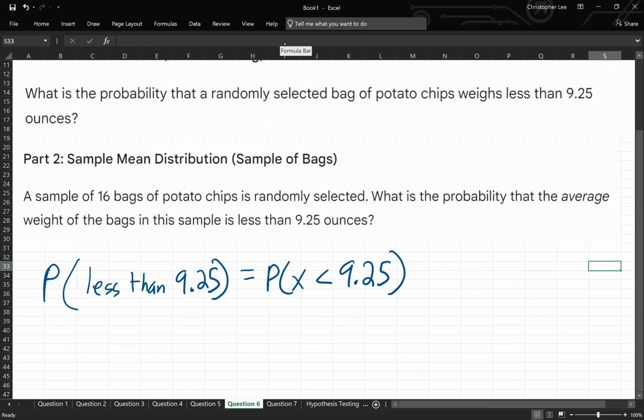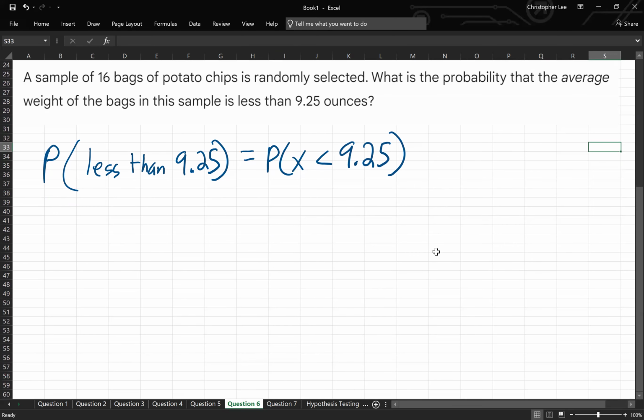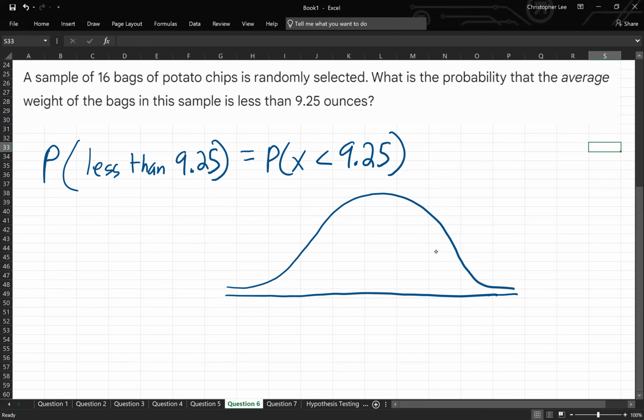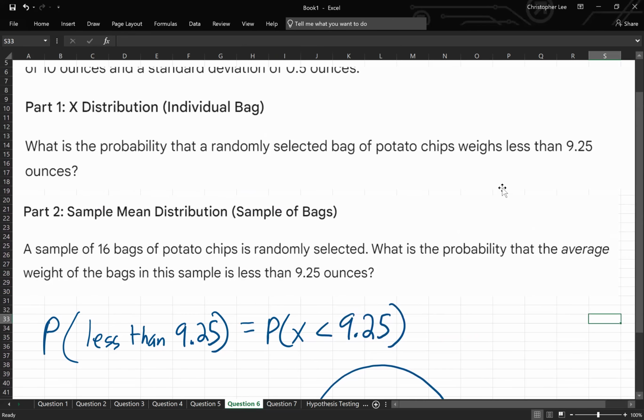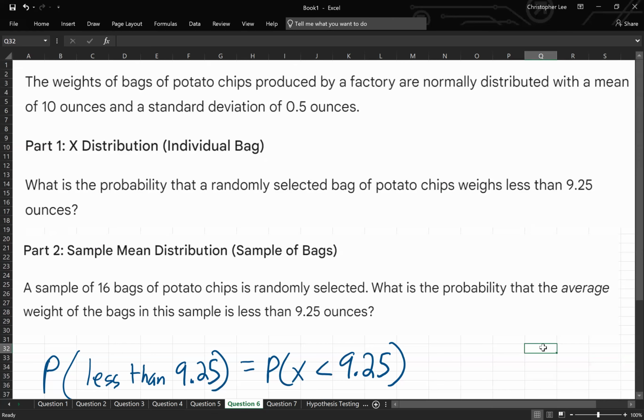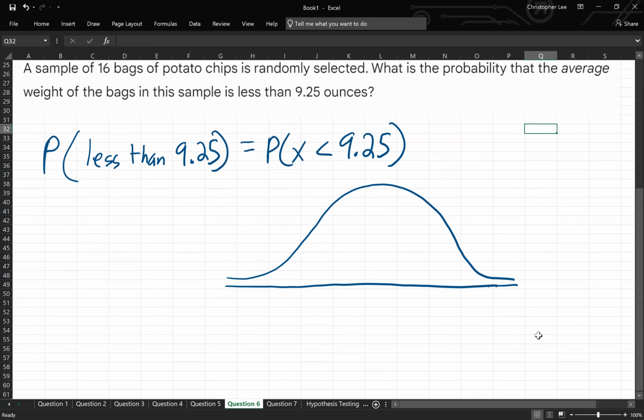Right? After you write this out, draw the distribution. All right? So let's take a look. I have a mound-shaped distribution as so. What is my mean? My mean was 10.